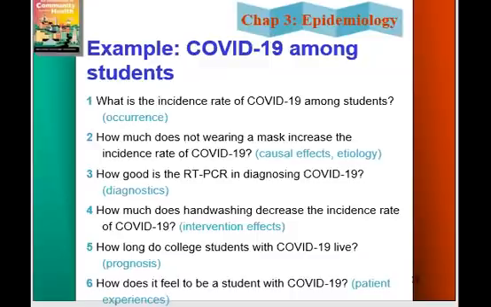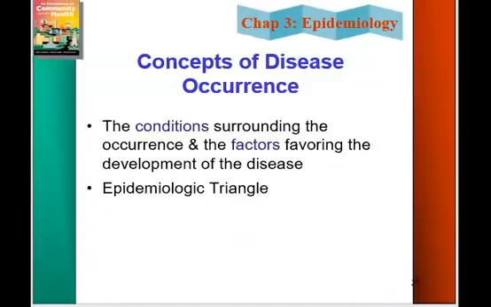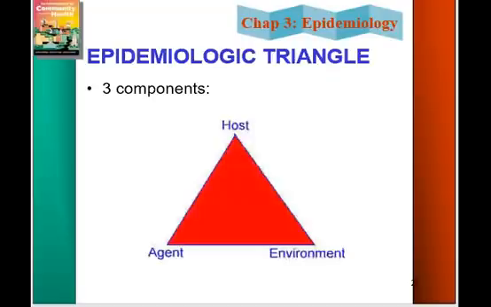So I hope you understand now the different classes of research questions for epidemiology. Now let us proceed with the concepts of disease occurrence. Okay. Now, when we talk about disease occurrence, it could be influenced by several conditions and factors. And these conditions and factors can actually be simplified. That is what we call the epidemiologic triangle. So this is now your epidemiologic triangle.